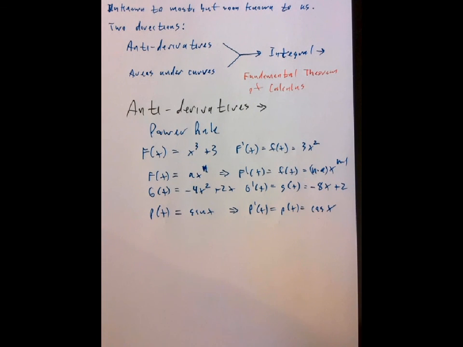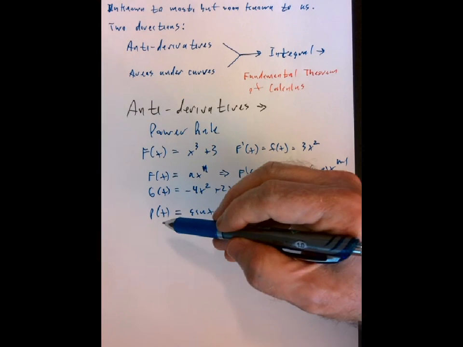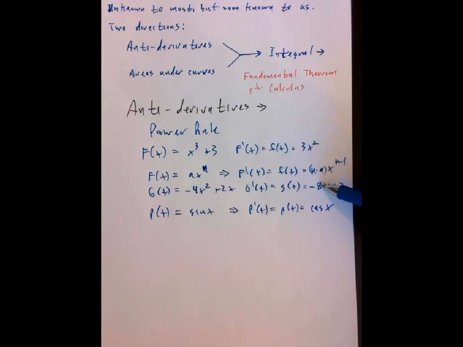That's pretty simple. Now the concept of an antiderivative is simply that, what if we're starting with a function like one of these over here? And the question is, what's the bigger function that if we took the derivative of it, we'd end up with this one? That's the antiderivative.